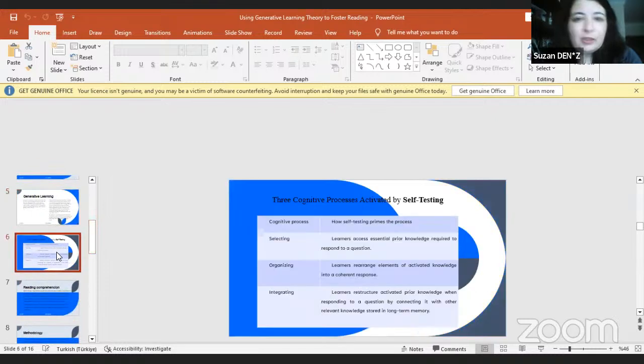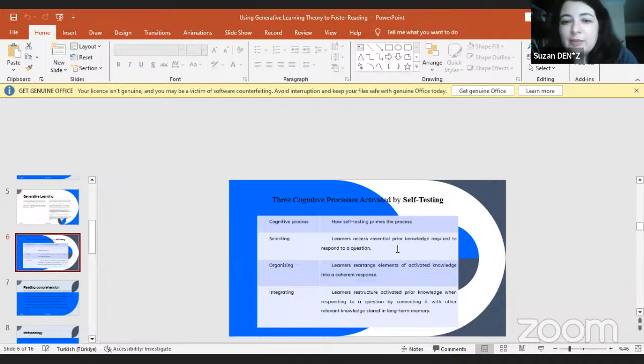And if I were to continue, there's a very small table regarding the 3 cognitive processes activated by self-testing. First one is selecting, in which learners access essential prior knowledge required to respond to a question. Secondly, it is followed by organization. Learners rearrange elements of activated knowledge into a coherent response. And the last phase is integration.